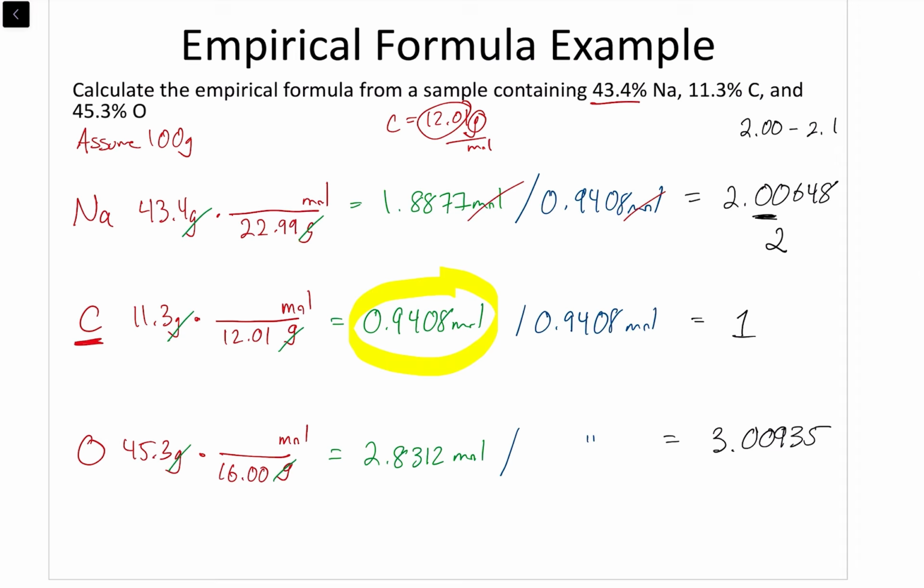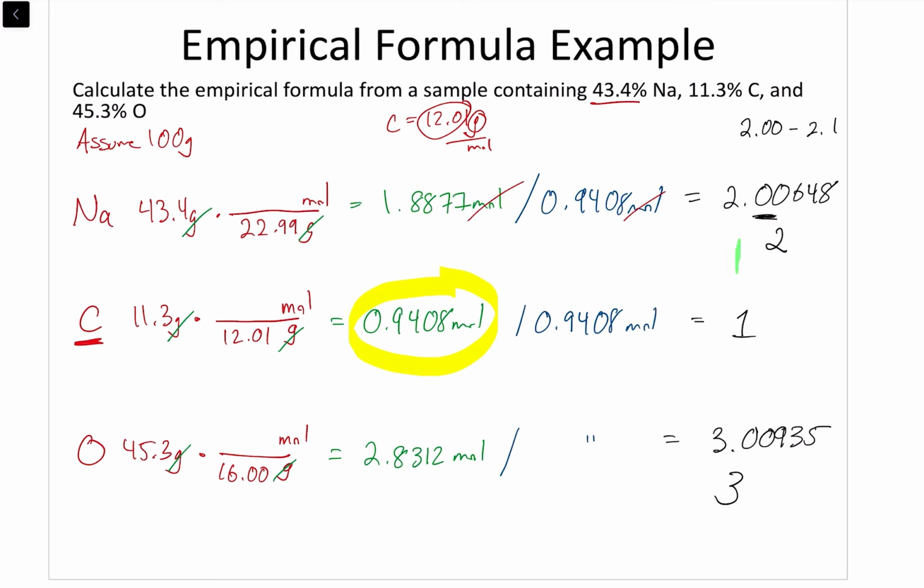Now the same thing here, this falls between 3.0 and 3.1. So again, we can round this down as well. Now, we're making that clear right from the get-go because the next episode is going to deal with situations where you might not have a number that you can easily round. It's something that we're going to have to address in that next episode. So in this particular case, we can round this to 3.